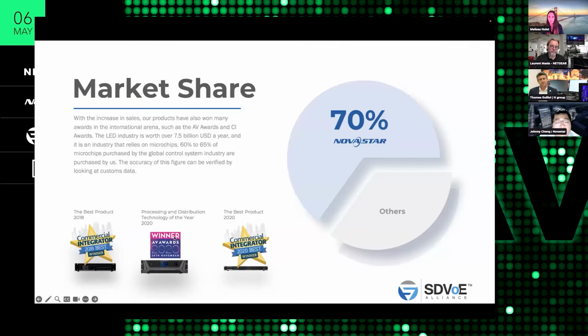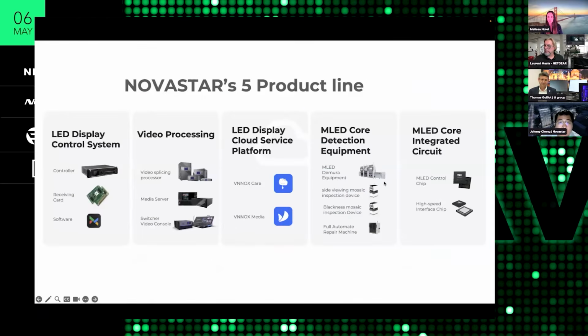Actually, we already have a 17% market share in LED controllers, and we provide service for a lot of LED manufacturers in the industry. Here is some of our product line information. First, we have the LED display control system.